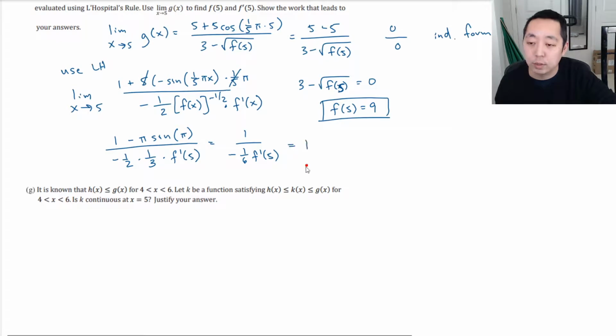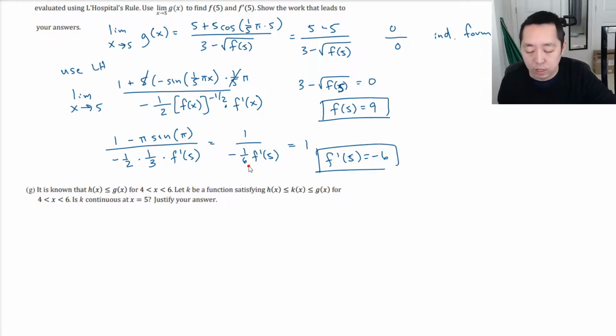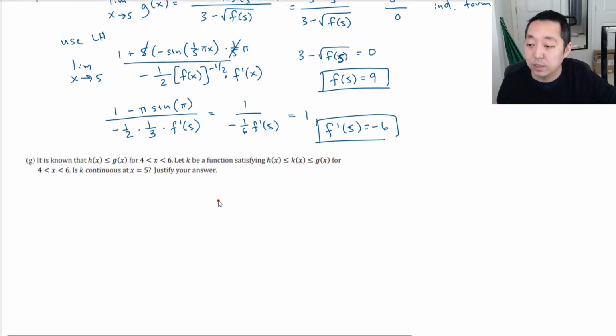I know that this has to equal 1, because even though this is the limit of the derivative, it's still supposed to be equal to the original limit that we would have found. And so this would have been multiplied by f prime. F prime of 5 would be negative 6. Just solving this, you multiply this, and then 1 over negative 1/6 is negative 6.